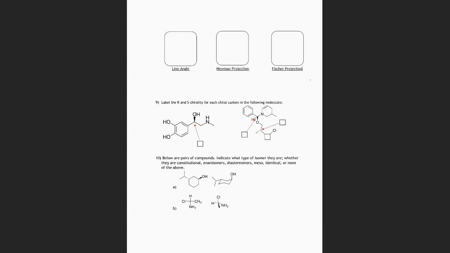So next we have to convert this into, let's do a Fisher projection first. If we do a Fisher projection, first I'm going to draw out my 2 chiral centers like so. Next, I'm going to put the 2 end groups.